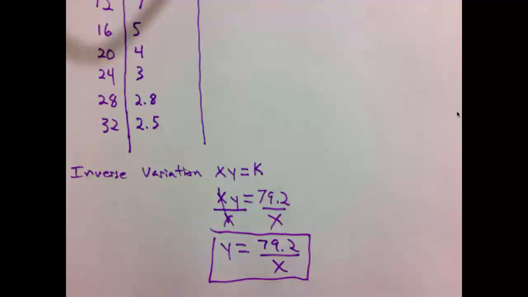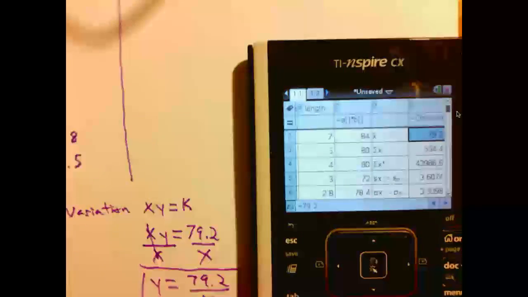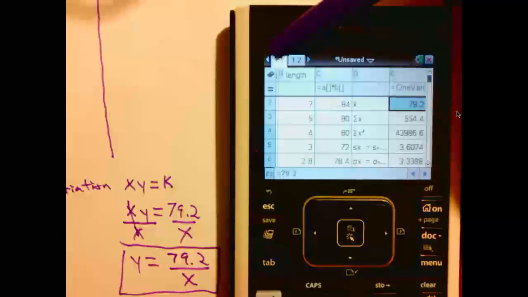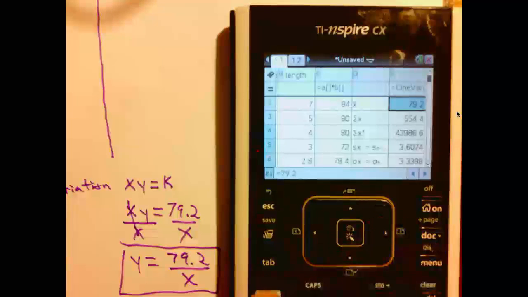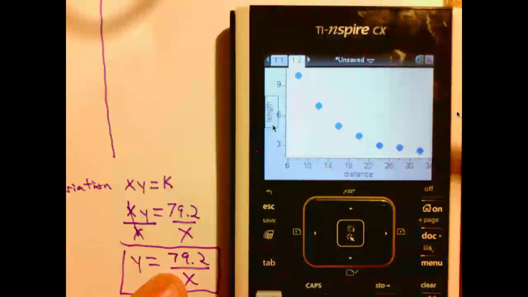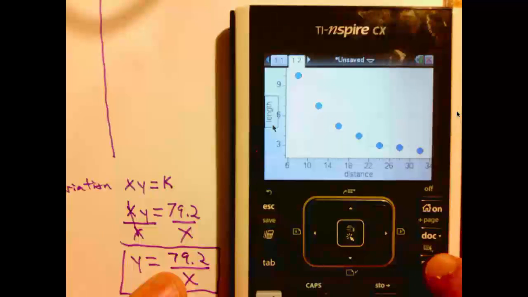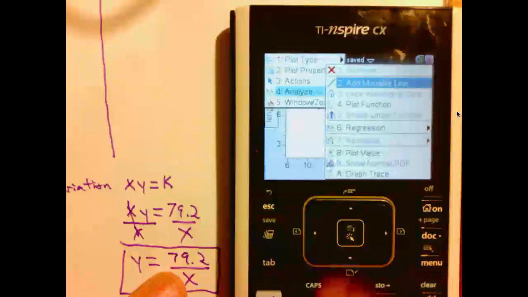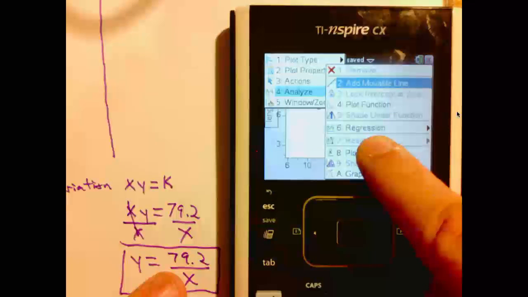All right, lastly, I will go back to my scatter plot. Control right arrow. Now I want to graph this function over the top of my points. I go menu, 4 for Analyze. Previously we've done regression. We're not going to do a regression here.